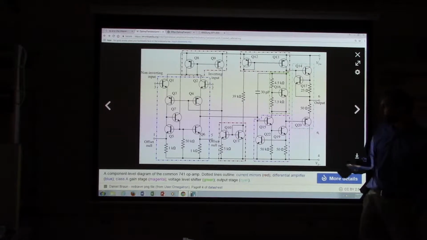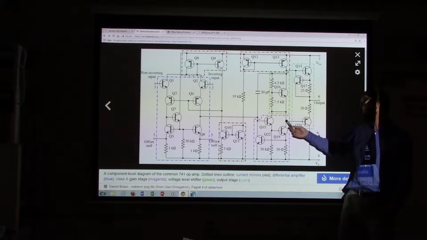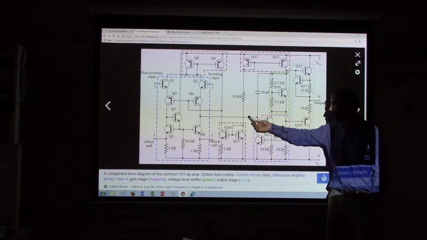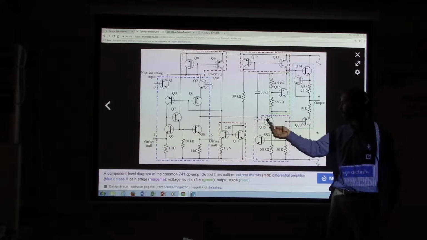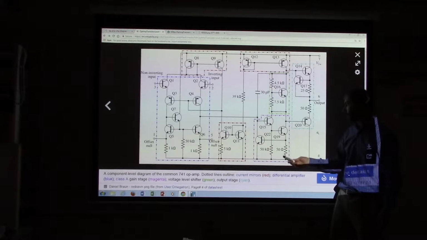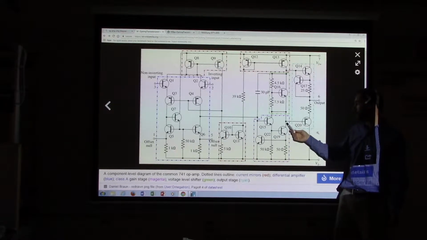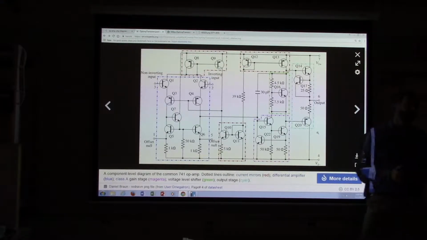And now, the output comes from the collector of this final transistor. So if you have the input signal going to the base of a transistor, and then the emitter connected to ground through a resistor, and then the output coming from the collector, do you remember what type of amplifier that would be?